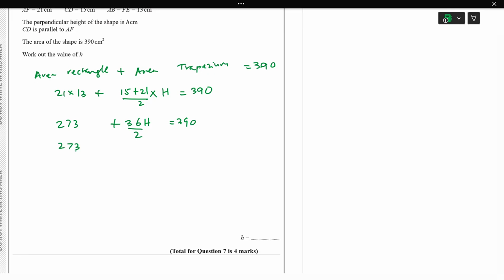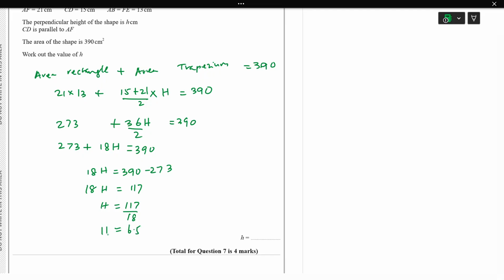So 273 plus this is going to be 18H equal to 390. So 18H equal to 390 minus 273, which is 18H equal to 117.